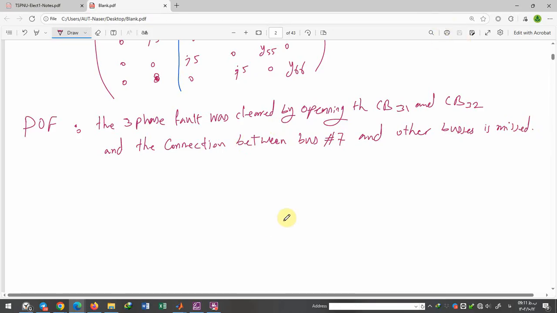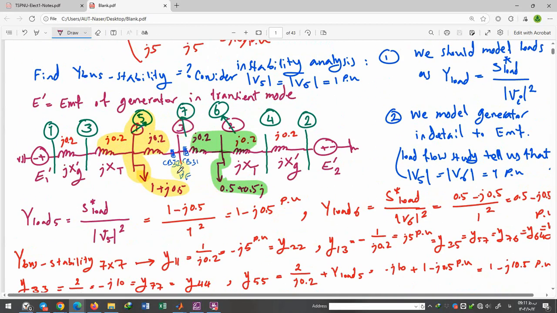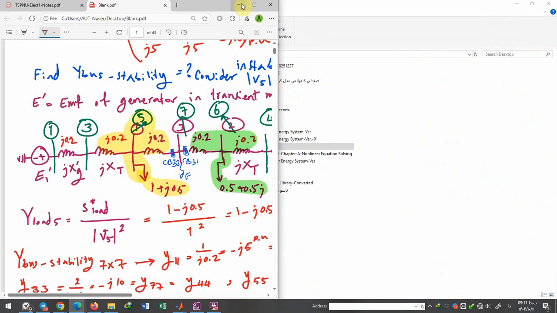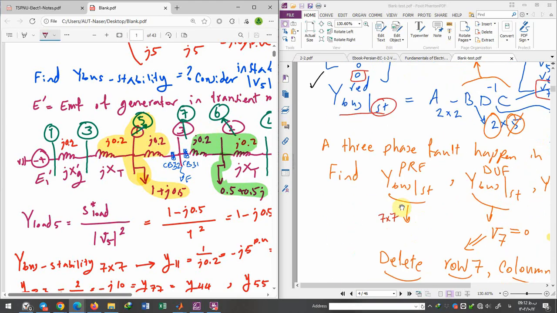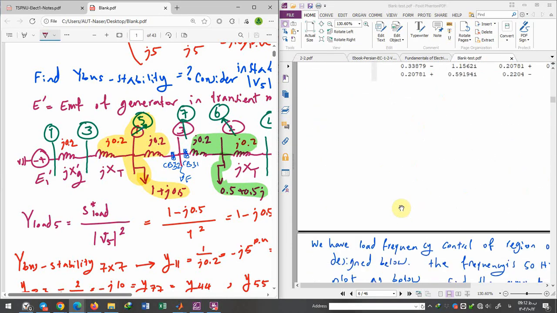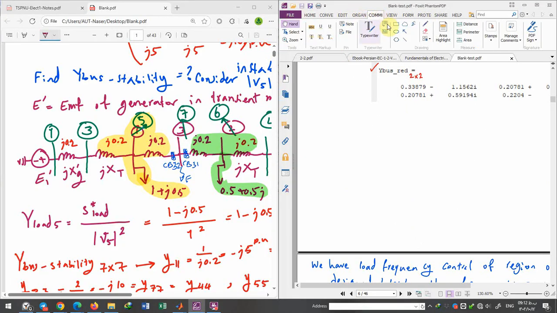So if you consider that bus number 7 is disconnected from the power system, we lose Y77 as 0.